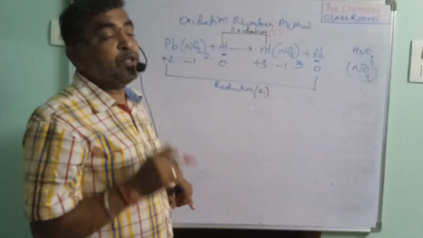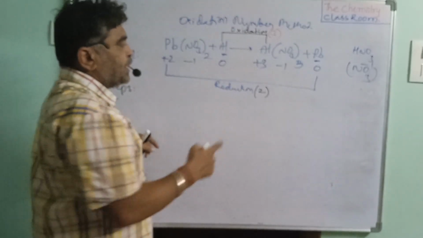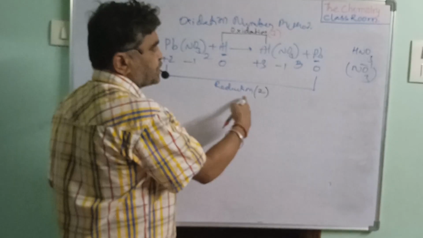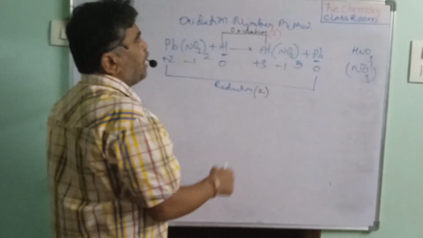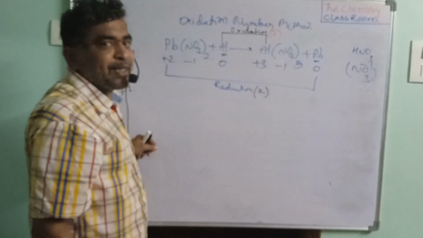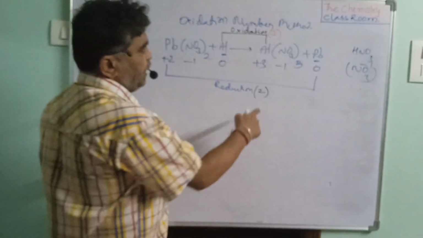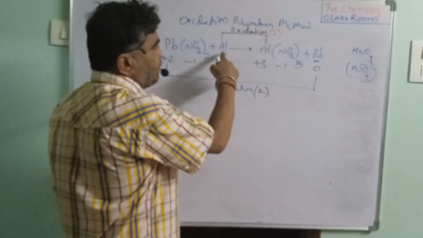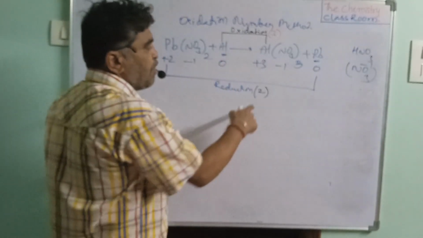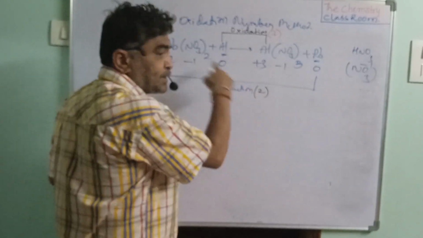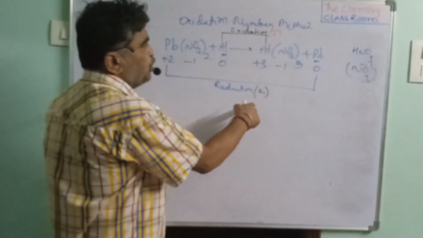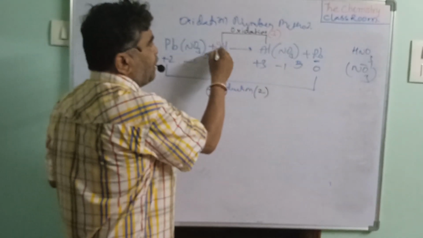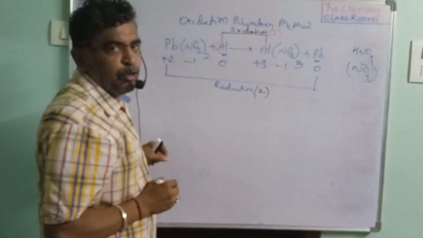And the last step: you see the reduction, the decrease of oxidation state. This integer you have to multiply with the oxidation compound. So here the 2 units you have to multiply with aluminium. Why? Because the lead is reduced by 2 units. The 2 we have to use here, multiplied with aluminium.